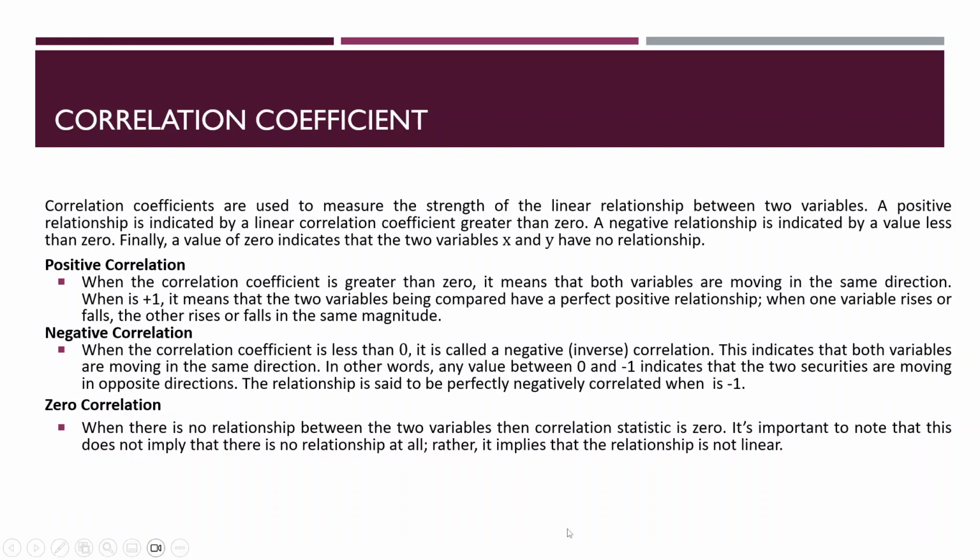The following are the three types. Positive correlation is when you calculate and your value is closer to one. Correlation is only between -1 and 1. If you got a negative value, it means a negative correlation.